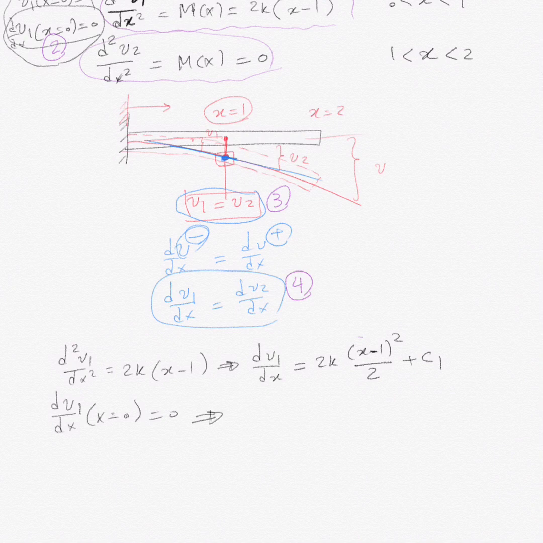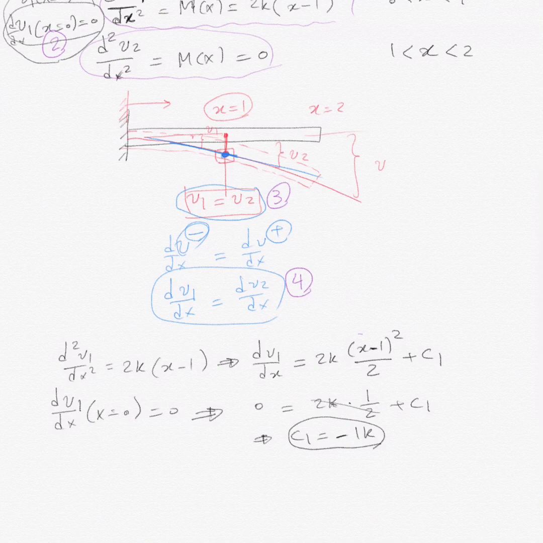What do I get? 0 is equal to 2k times, if you put x equal to 0, that becomes positive 1 over 2, plus c1. So this becomes 1k plus c1. If you solve for c1, it becomes negative 1k. Okay?